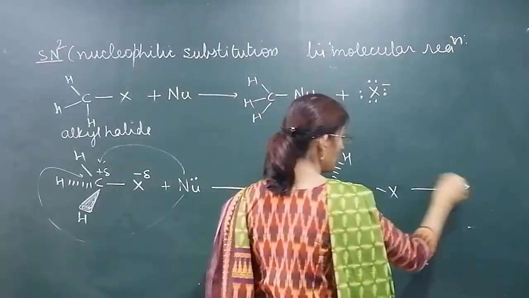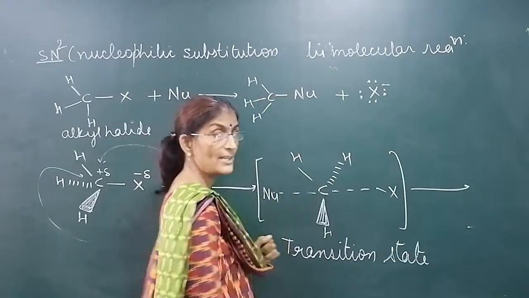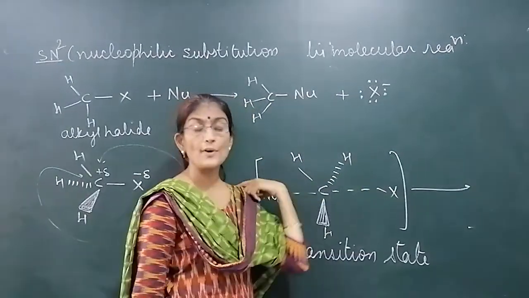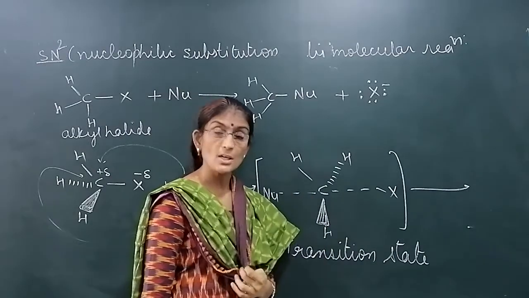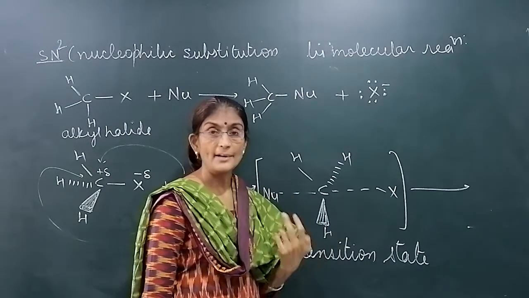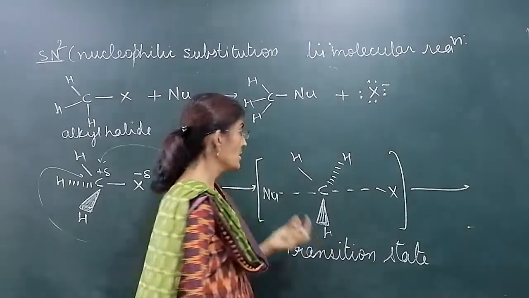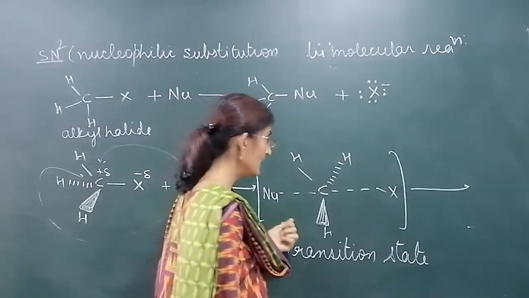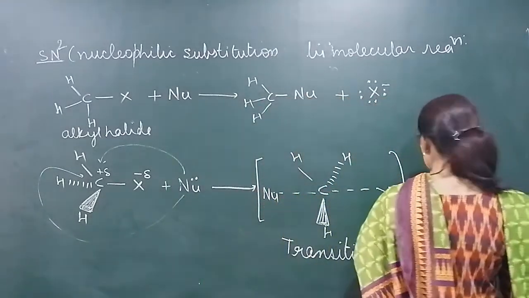Now what will happen? In this transition state, out of X and nucleophile, the one which is stronger will form a permanent bond and the other one will leave the molecule. So if nucleophile is stronger, then the bond will be formed and the product is like that.